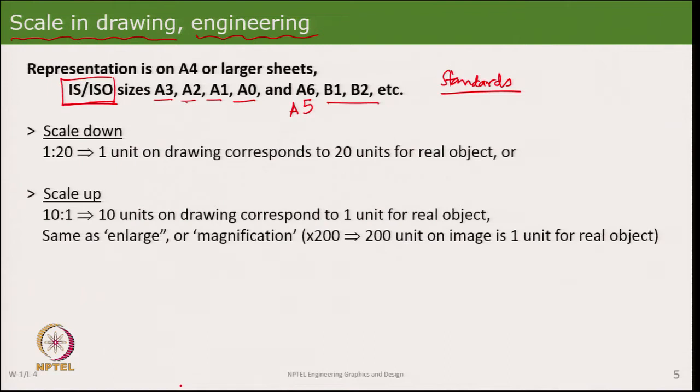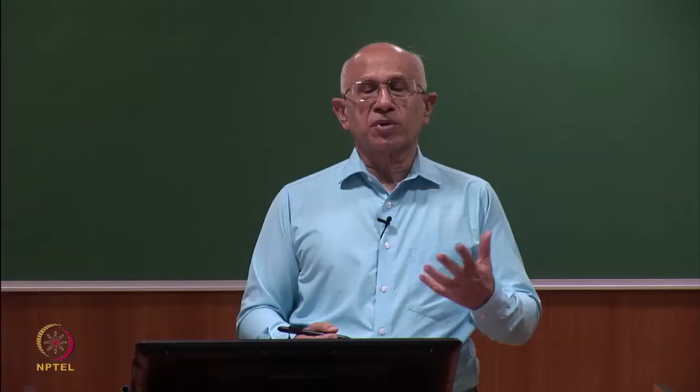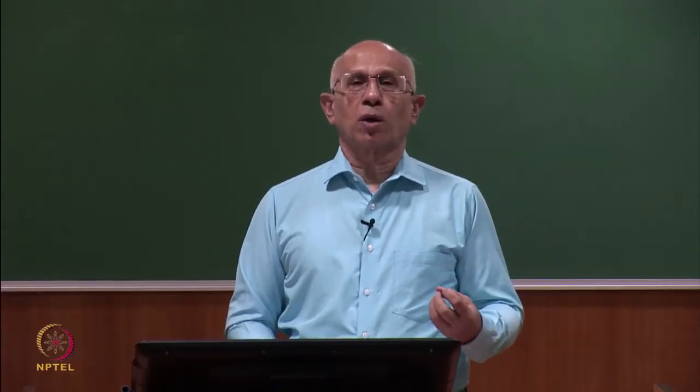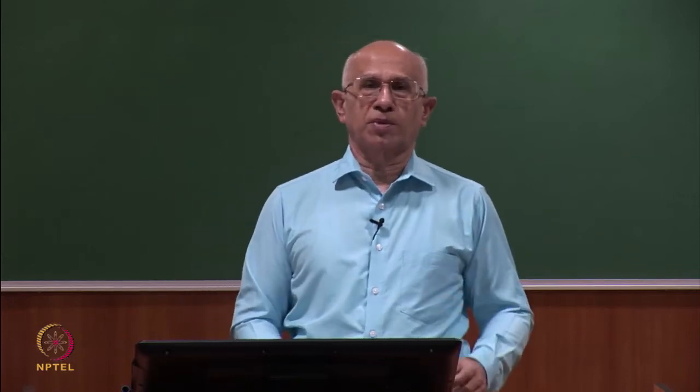Then a 1:1 scale would be that we are drawing something exactly the way the object is, not the way we see the object, not the way we take a photograph of the object with a camera, but the way the object itself is. And we will see later in this course how we actually never see the object as it is; we always see a distorted or modified shape of that object.